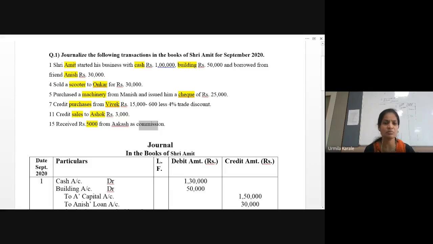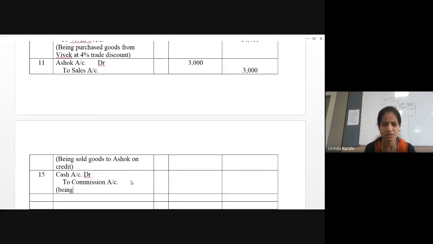You are receiving it immediately from Akash. So Akash's name will not be recorded, we will record the name commission. So commission is income and cash is the asset which comes into the business. So debit what comes in and credit the income. Cash account debit to commission. Being, you can write, being received commission from Akash.